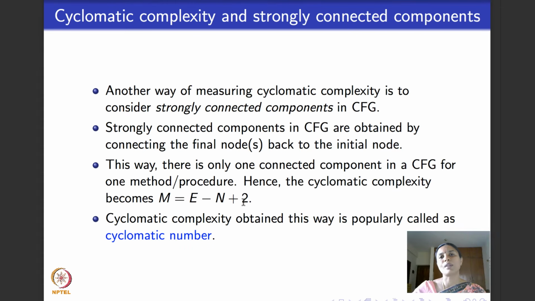You directly count the number of edges and the number of vertices, which are usually easy to do given a representation of the graph. And there you go, the cyclomatic complexity is easily measurable without calculating any strongly connected component. So usually this measure of cyclomatic complexity is preferred, and it's popularly known as the cyclomatic number. Some books and papers also call it the Betti number.